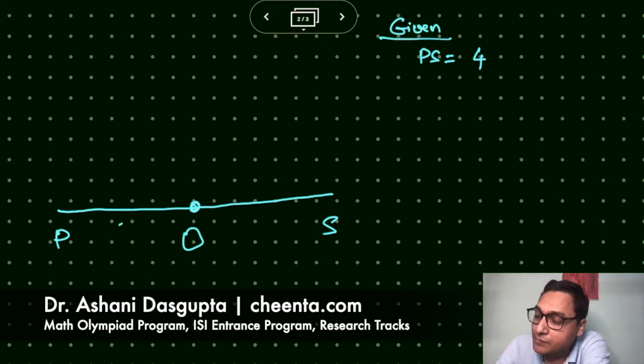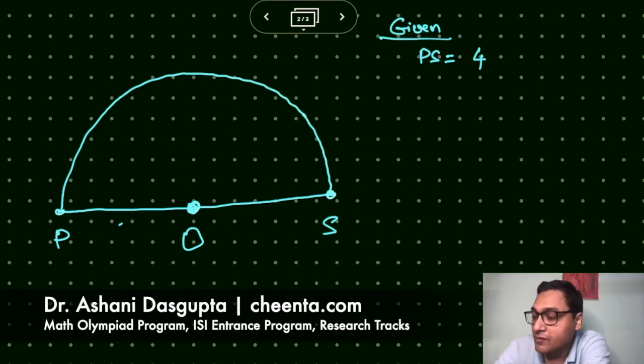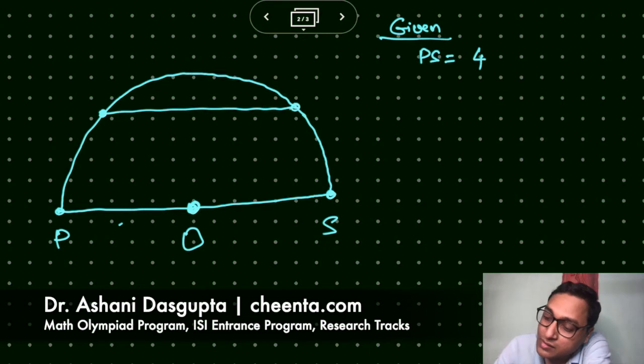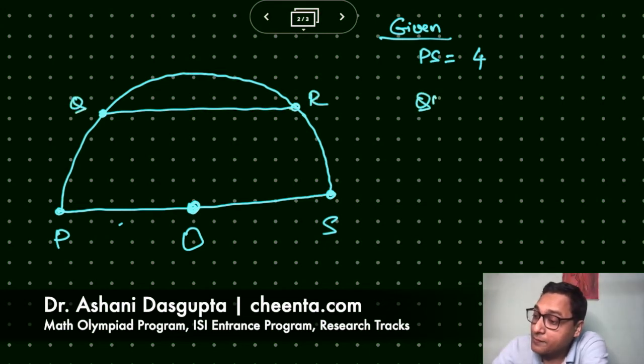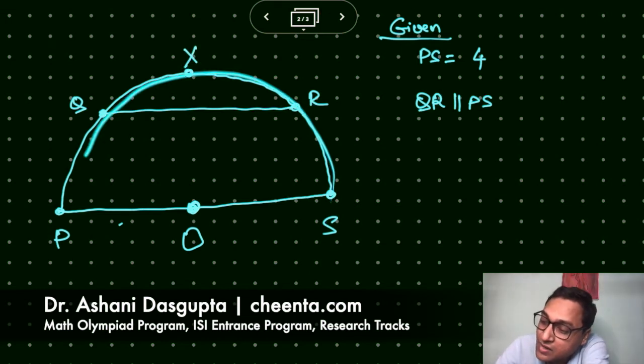O is the midpoint of it, and you draw a semicircle like this. Then draw a line QR parallel to PS, and suppose X is the midpoint of the semicircle.